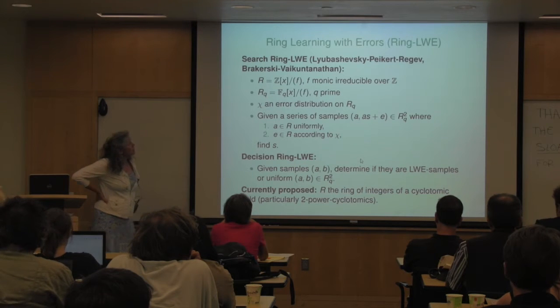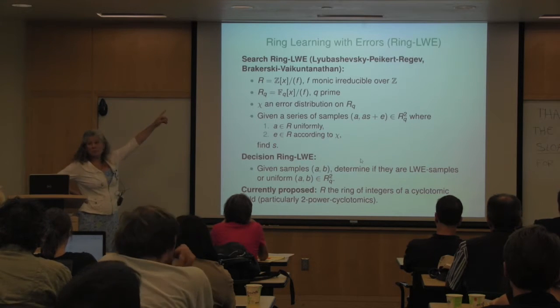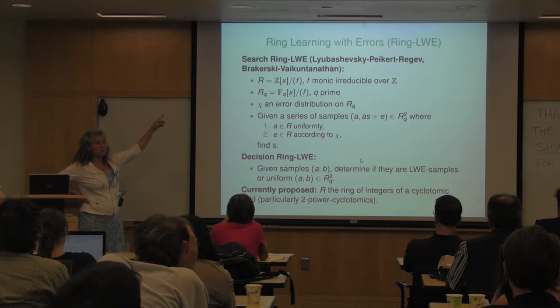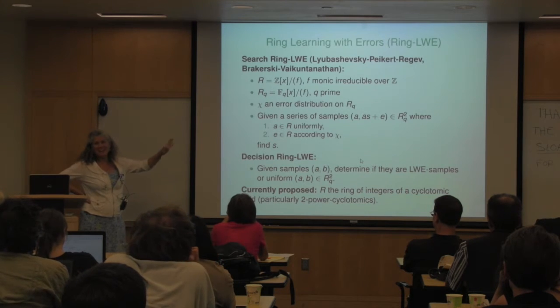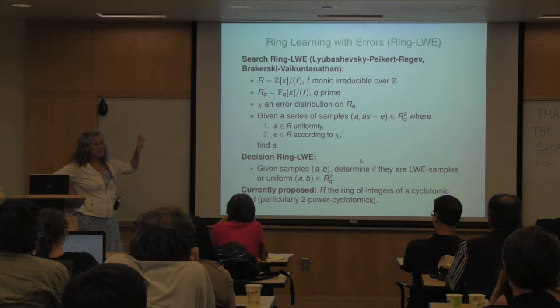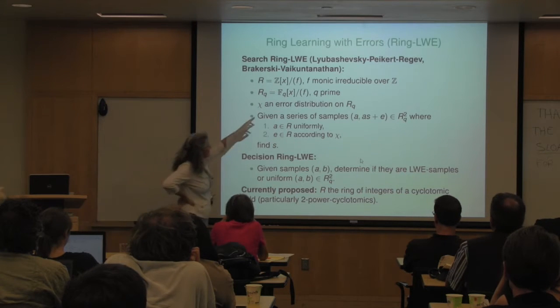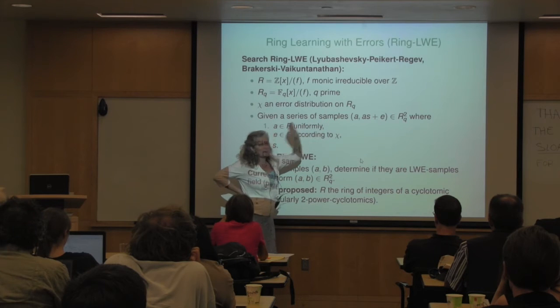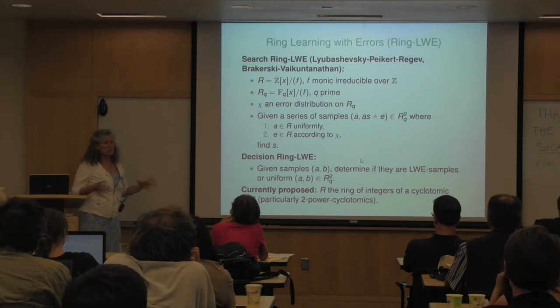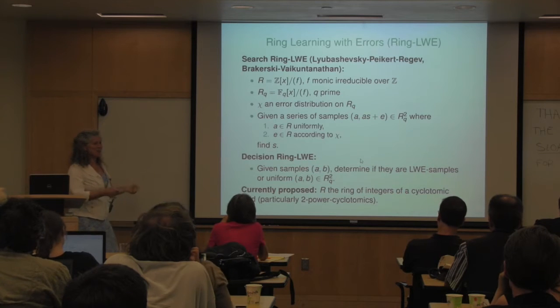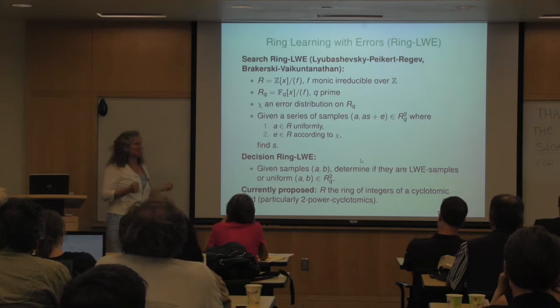And you'll see I'm following the mathematical tradition of writing out the names of the authors instead of putting LPR. So in the rest of this talk, if I mention LPR, I mean Lyubashevsky, Peikert, and Regev. But we would all very much appreciate it if computer scientists would also tell us the names of the papers they're referring to, because that would allow us to look them up.